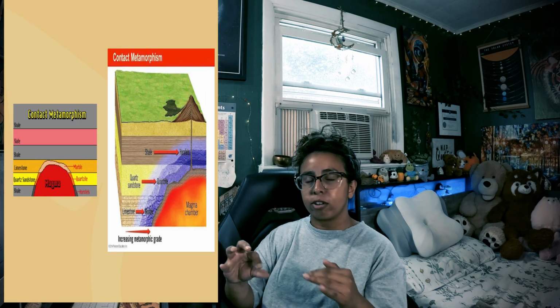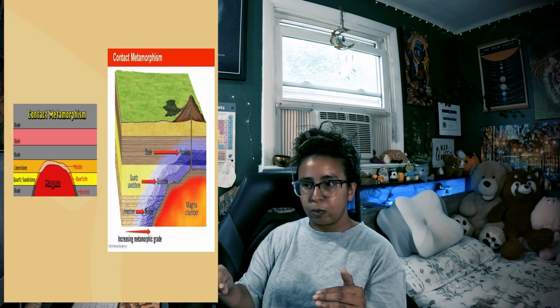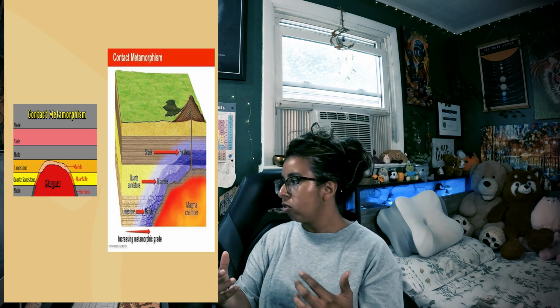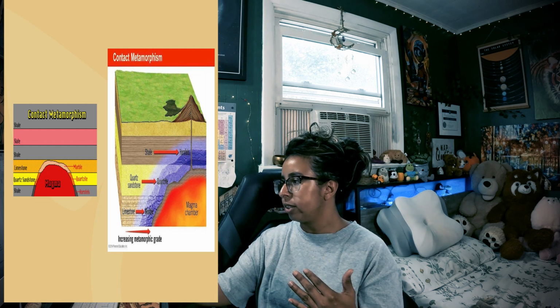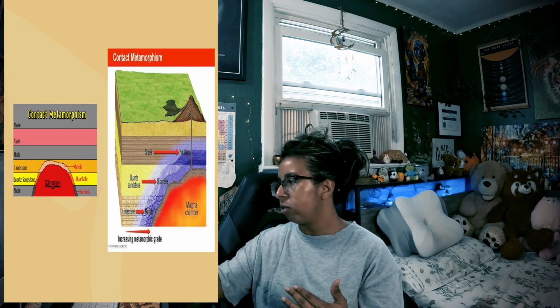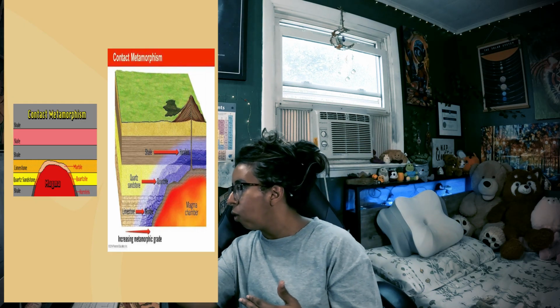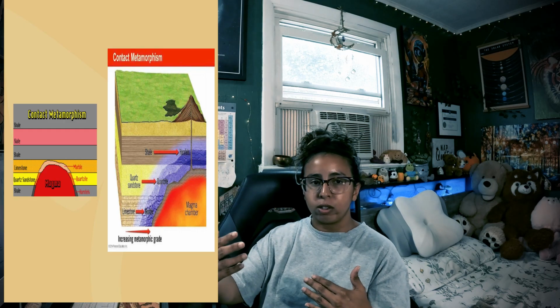But yeah, so like I was saying, the parts of the rock bodies that are in direct contact with the magma start getting baked. So then you see the limestone layer, you start seeing marble forming along the contact points, you start seeing quartzite form along the contact points for the sandstone layer, and then you start seeing hornfels form along the shale layer that's in direct contact with the magma.